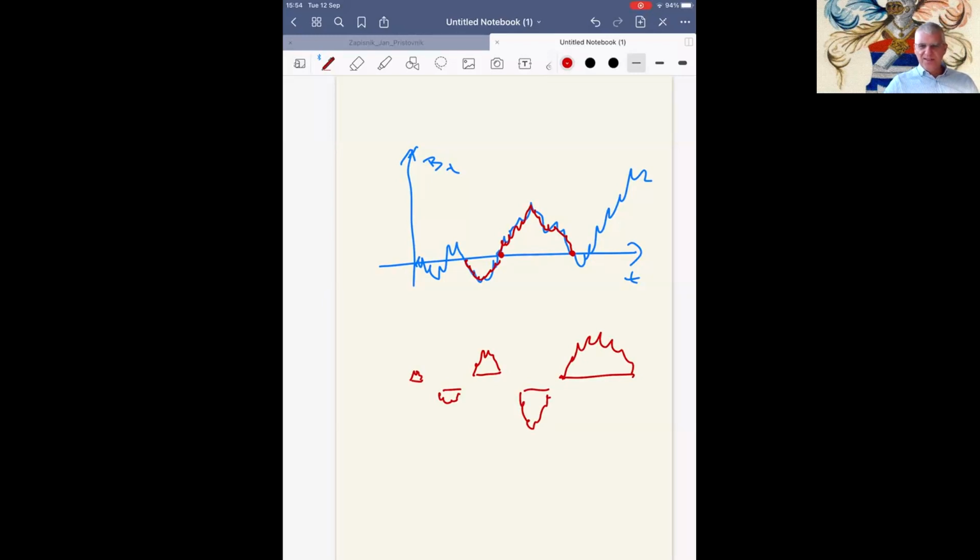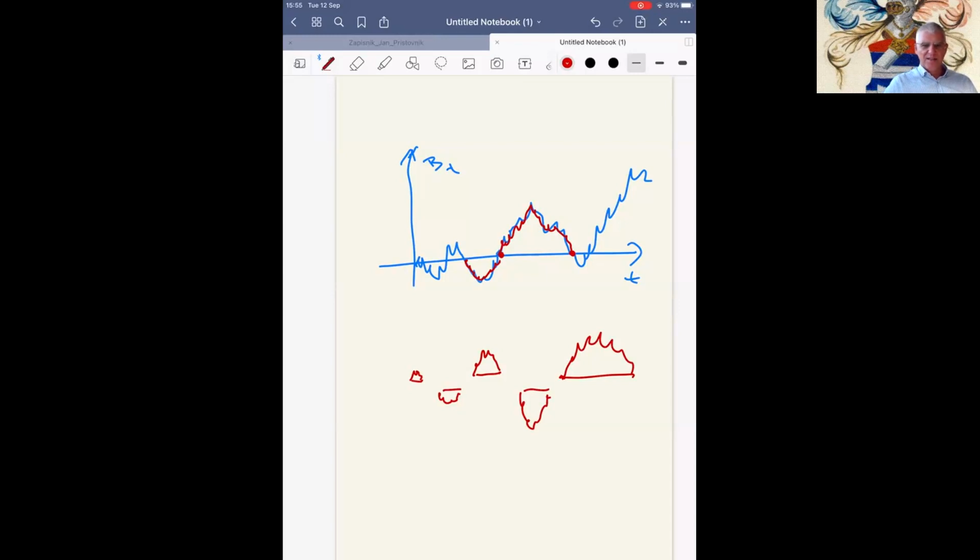And one of the brilliant ideas of Kiyoshi Ito was that you can see these pieces of functions as a Poisson process in an abstract space. It's a function space, but Poisson processes can be fairly general. They're just points in an abstract mathematical space, which can also be a function space.